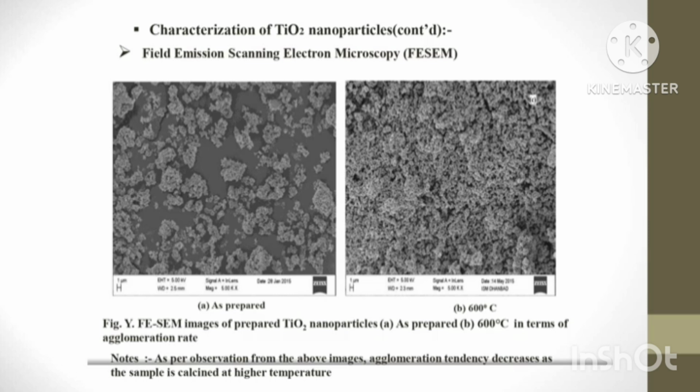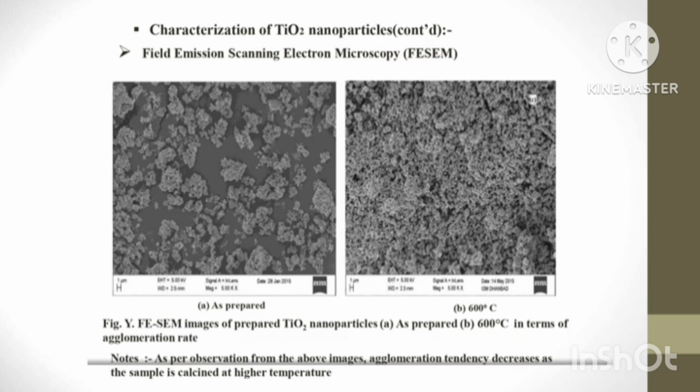In terms of agglomeration rate, you have to compare these two images and see the difference in the agglomeration rate, how it proceeds by changing the calcination temperature.